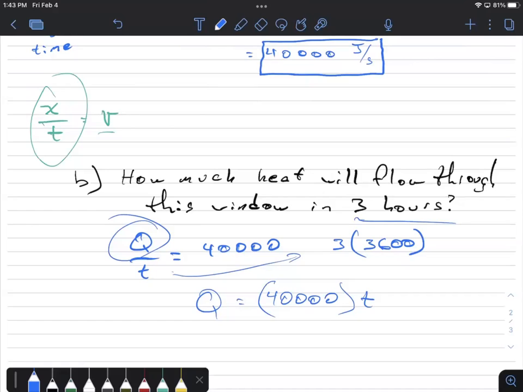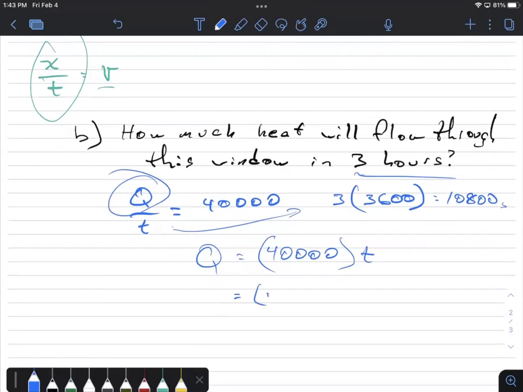So I get 3,600 times 3 is 10,800 seconds. And so I say, aha, 40,000 times the amount of seconds I have to wait, 10,800. And this will tell me my total amount of energy which will flow, which is 432 million joules.